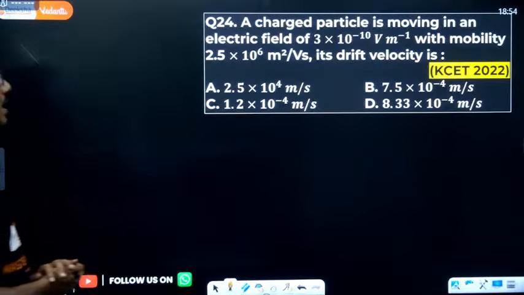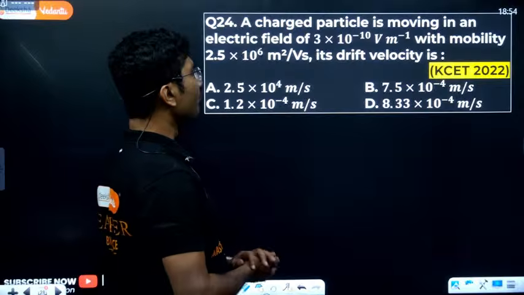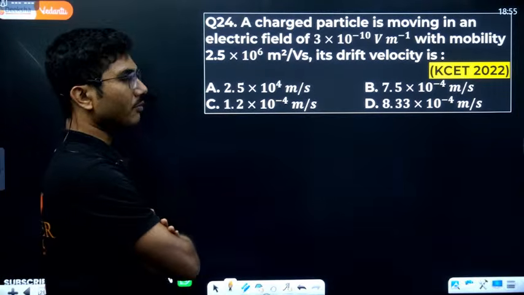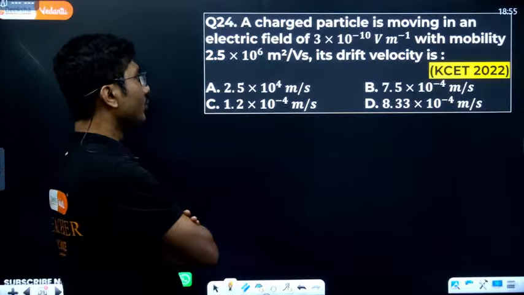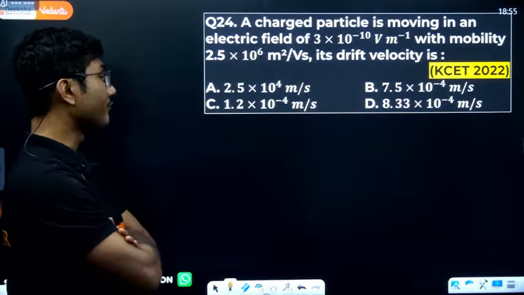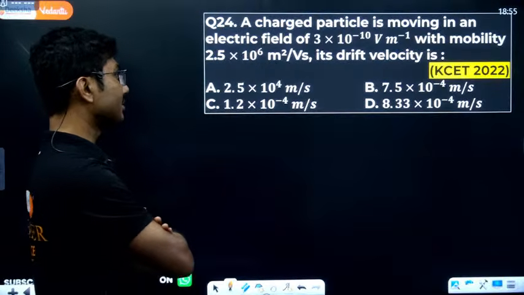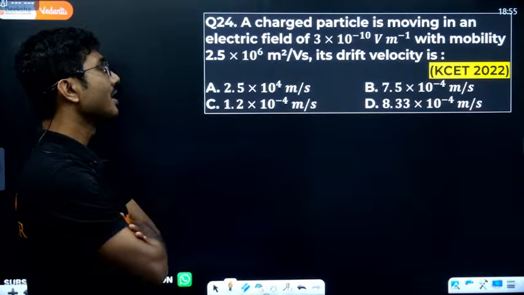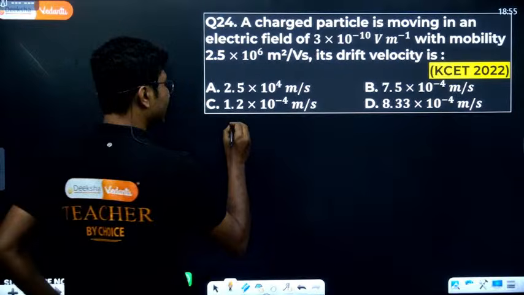Next question. A charged particle is moving in an electric field of 3 into 10 to the power of minus 10 volt per meter with mobility 2.5 into 10 to the power of 6 meter square per volt second. Its drift velocity? Electric field is given, mobility is given, they are asking drift velocity.